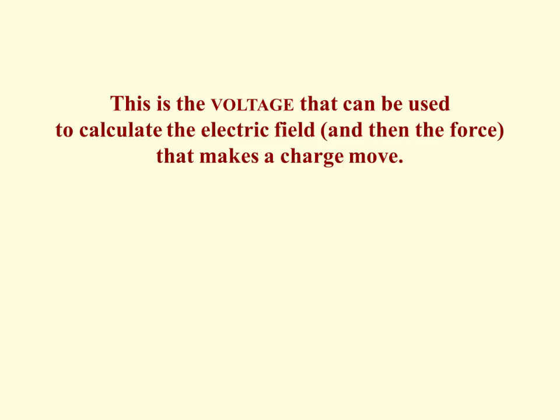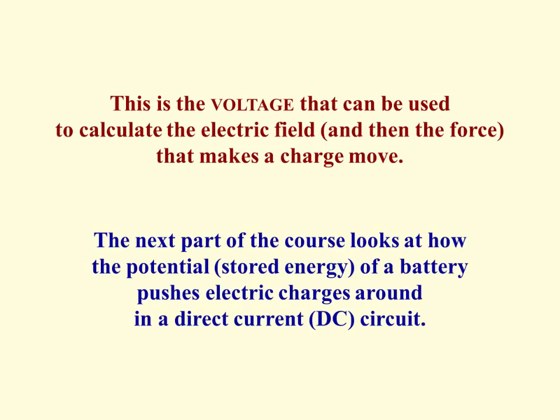This is the voltage that can be used to calculate the electric field and then the force that makes a charge move. In particular, this is the bridge point from the first part of the course to the second part of the course where we use the potential, that is the potential energy stored in a battery, to push electric charges around in a direct current circuit.